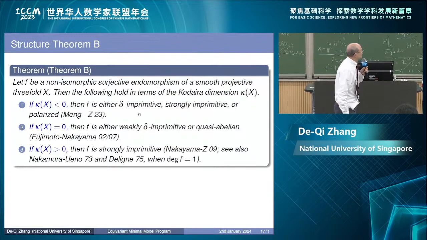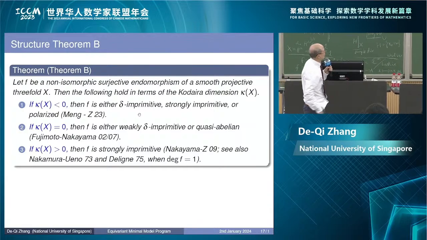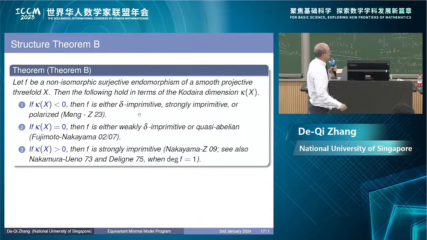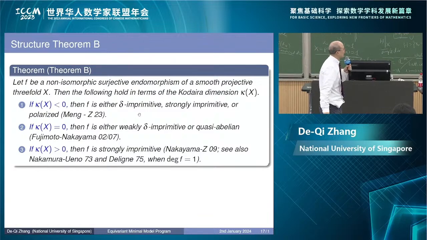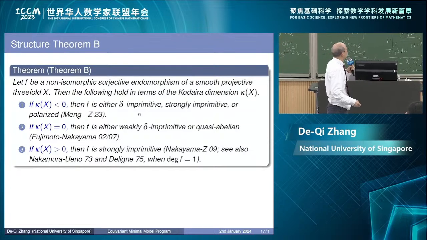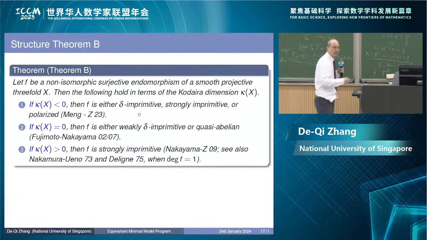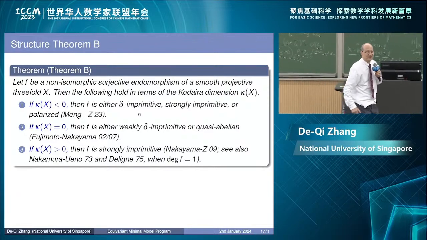Initially it was proved by Nakamura and Ueno, but assuming Y is non-uniruled, and then Deligne removed that condition. And then with Nakayama, I guess we extended to the case where X is a Kähler manifold and f is a meromorphic map, dominant. You can get the same result in any dimension.